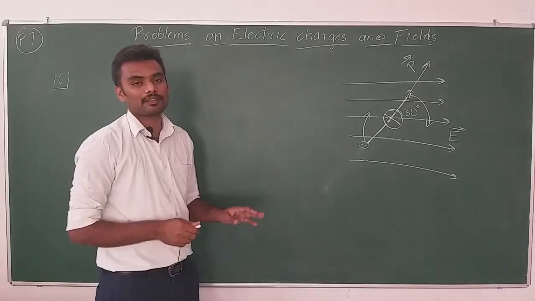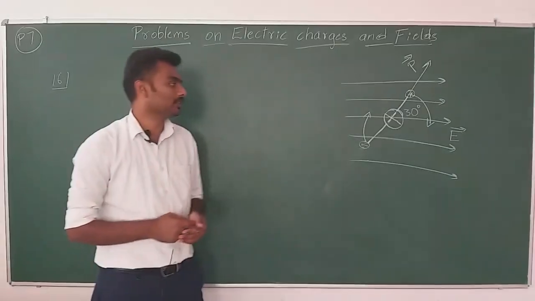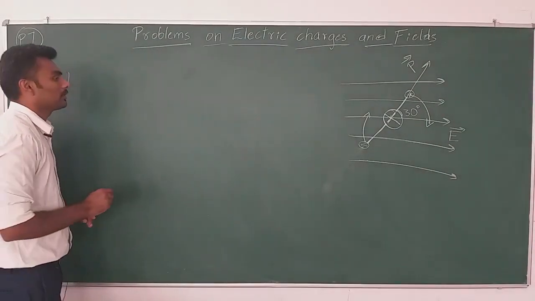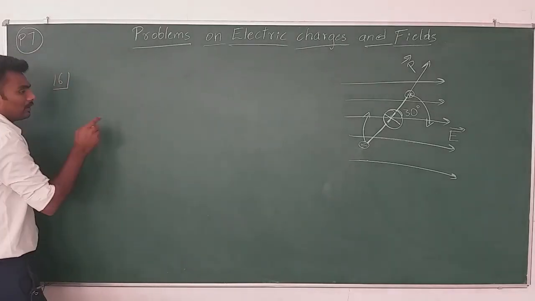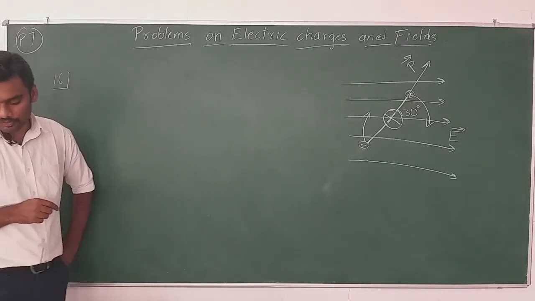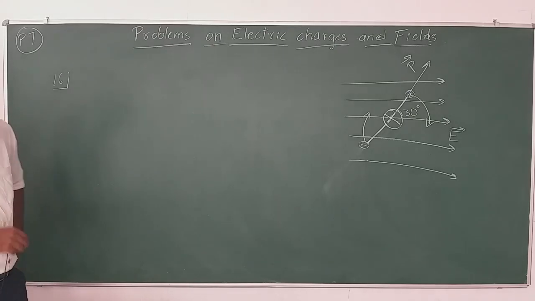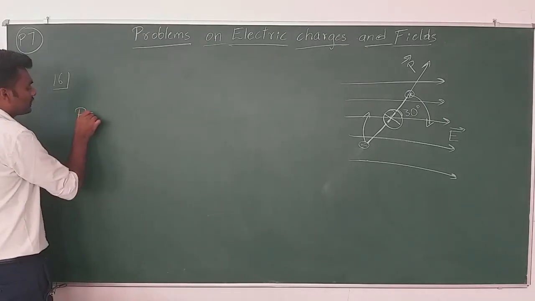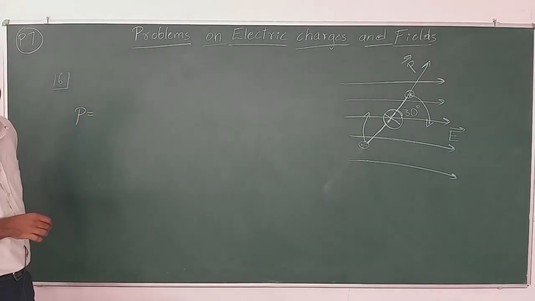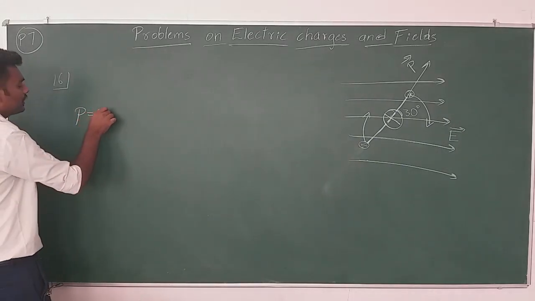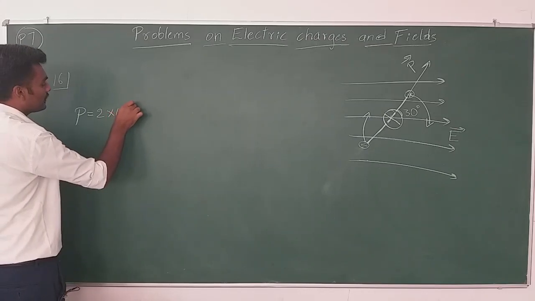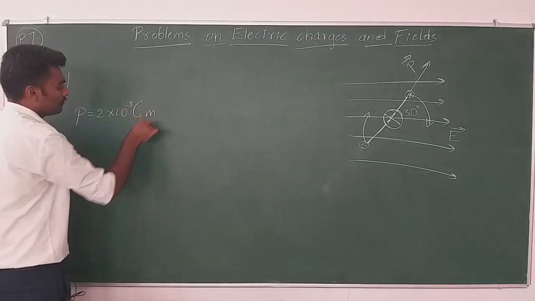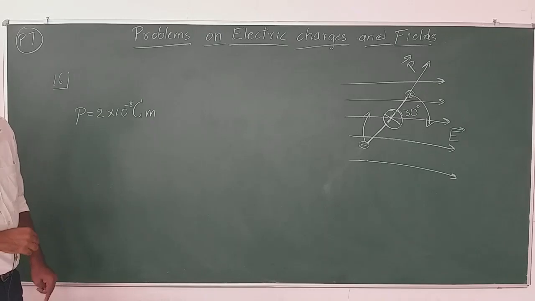Now they are not asking for the direction of the torque, instead they are asking for the magnitude of the torque, and we do have the formula for the magnitude of the torque. Before that, let me write the given data. The dipole moment is directly given, we don't need to calculate it. It is 2 into 10 to the power of minus 8 coulomb meter, and the electric field is also given.